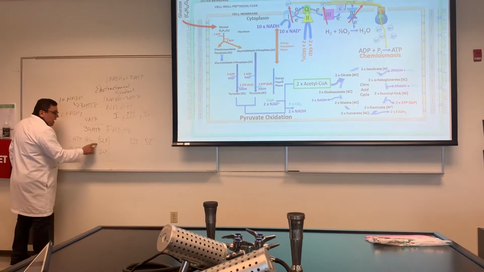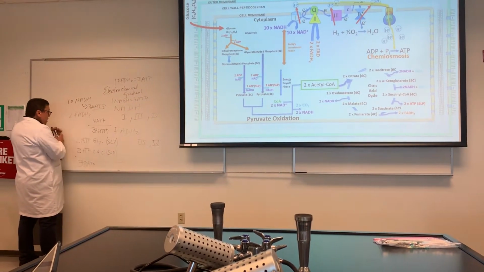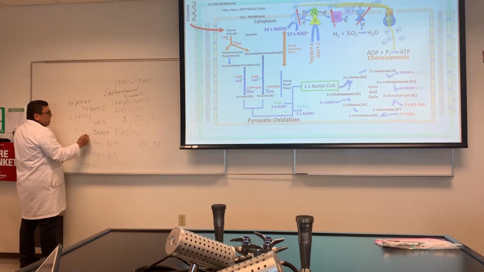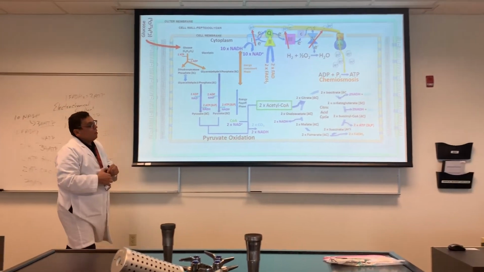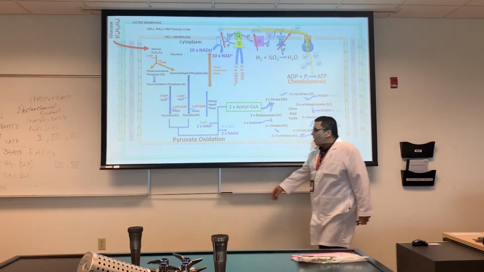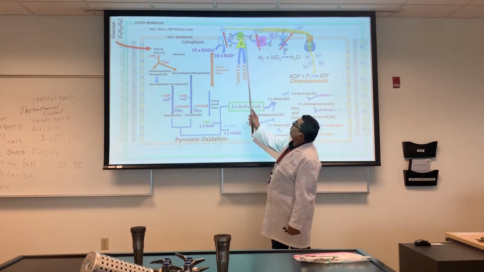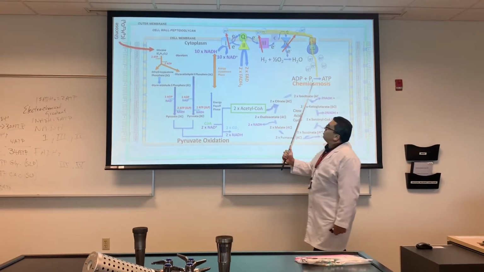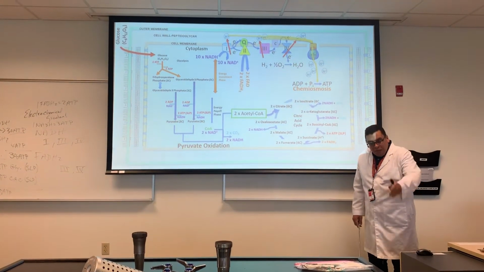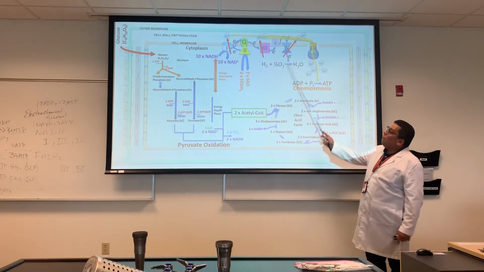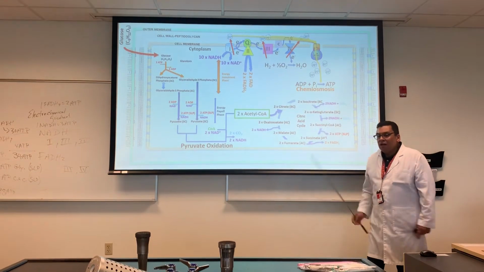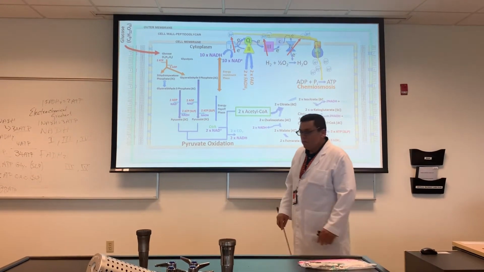Okay, if these are by SLP, what are these made by? Well, they're made by this process, but it's called oxidative phosphorylation. The combination of the electron transport chain and chemiosmosis, which happens in the cell membrane of bacteria, is collectively called oxidative phosphorylation.